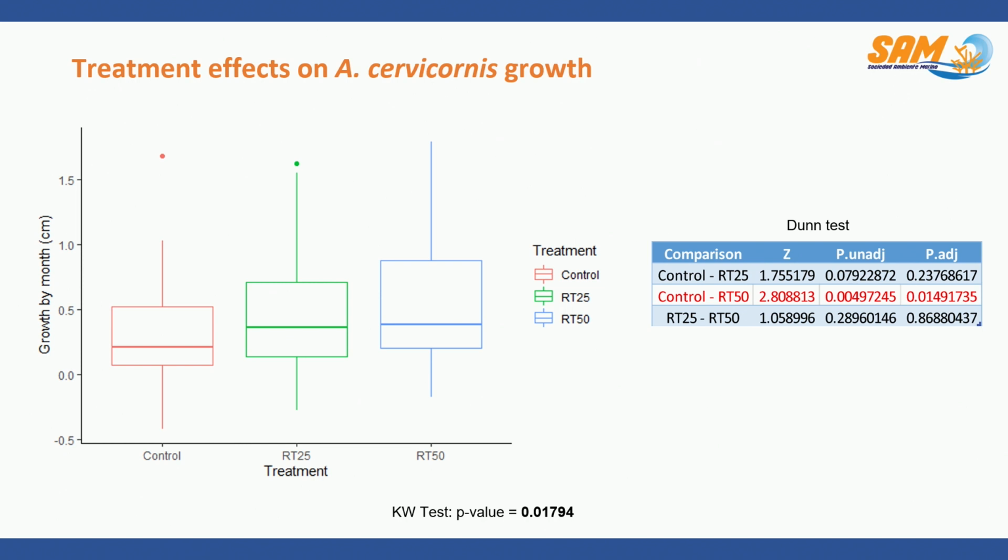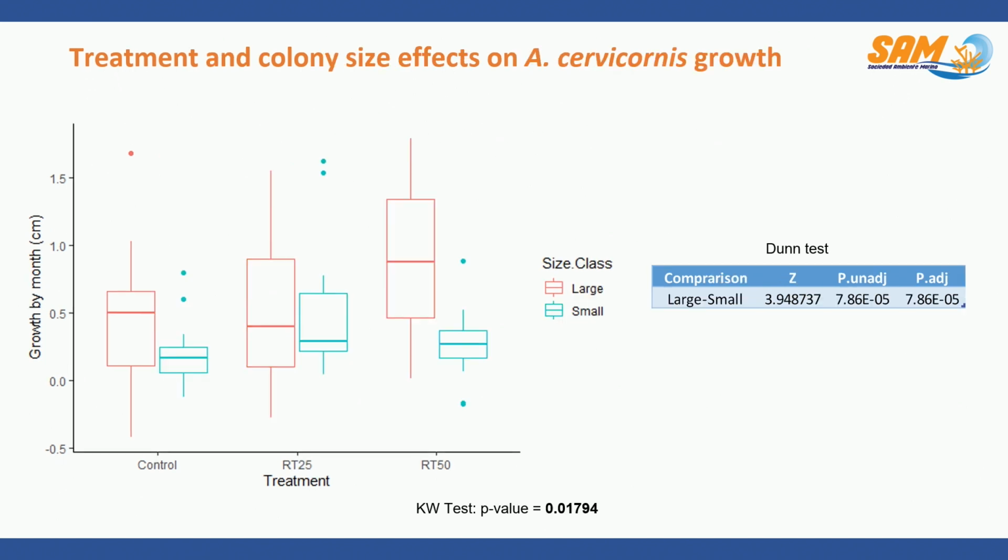Showing here that the Acroporids in presence of Ramicrusta textilis at 50% grew faster than the control ones, contradicting what we thought would happen. Right? When we take size into consideration, we found that there is also a statistical difference, being the large corals that grew way faster than the small corals.